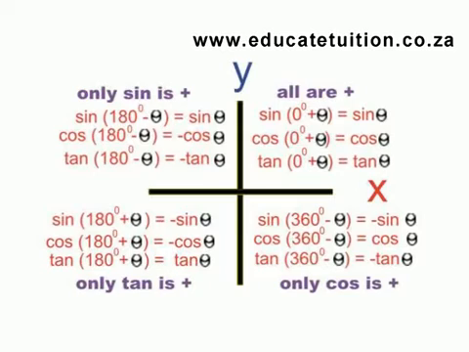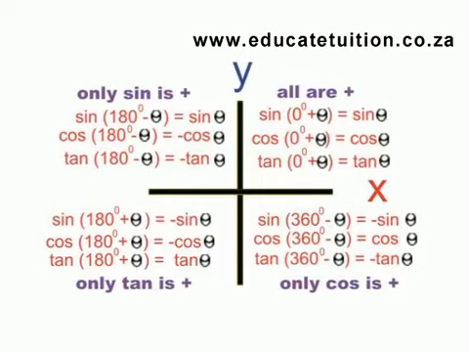The first is sine of 0 degrees plus theta is equal to sine of theta. Cos of 0 plus theta is equal to cos of theta, and tan of 0 degrees plus theta is equal to tan of theta. Please note that 0 degrees is exactly the same as 360 degrees.